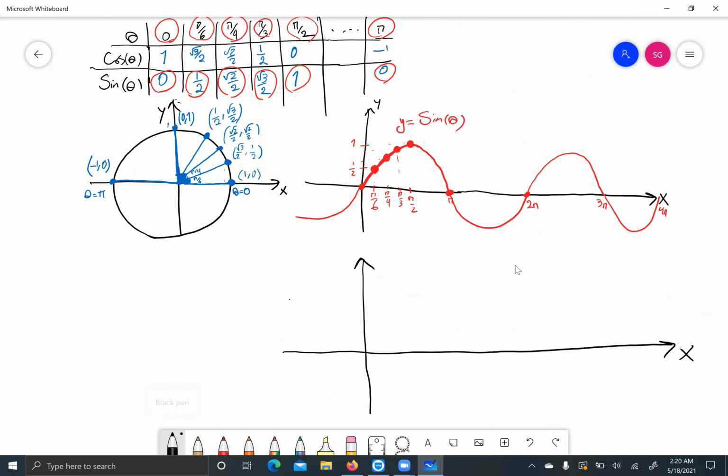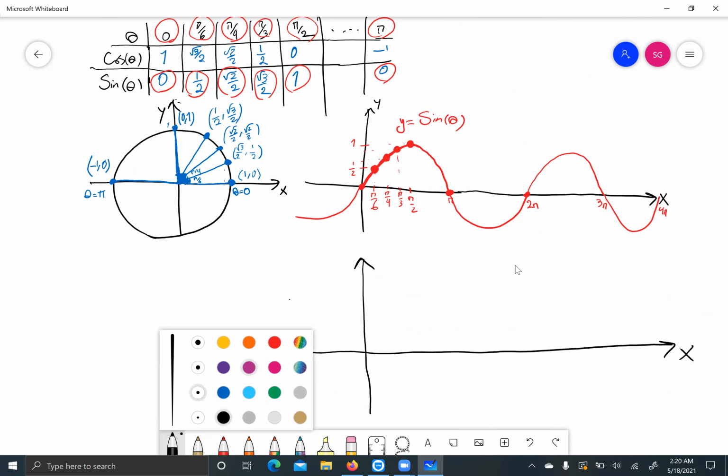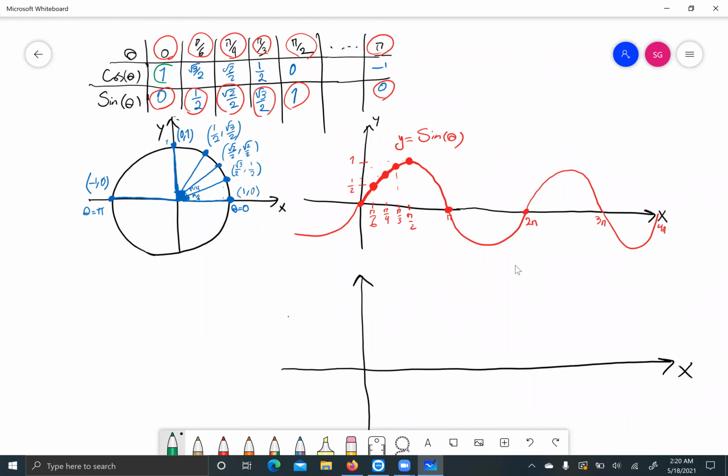Okay, so for cosine, maybe I use green for cosine. At 0 it is 1, right? So at 0 it is 1. So that's the point. At pi over 6 it is square root of 3 over 2. So this is pi over 6, pi over 4, pi over 3, pi over 2.